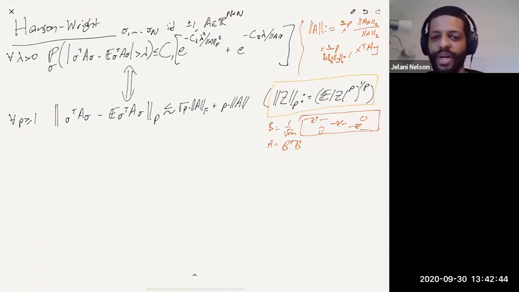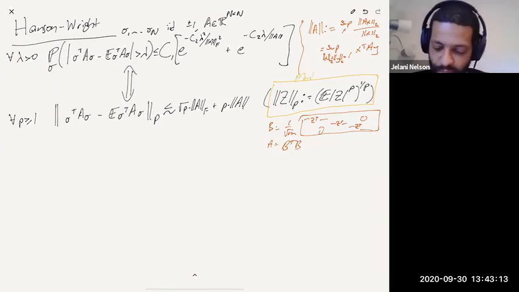The p norm of z, some real valued random variable, is the pth moment, E of z to the p, and then you take the 1 over pth power. You can prove that for any p that's at least 1, this is a norm. It satisfies the triangle inequality. The fact that it's a norm is something called Minkowski's inequality.